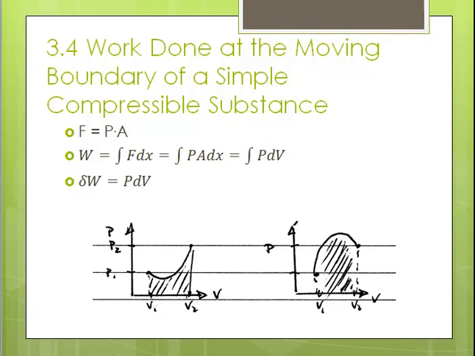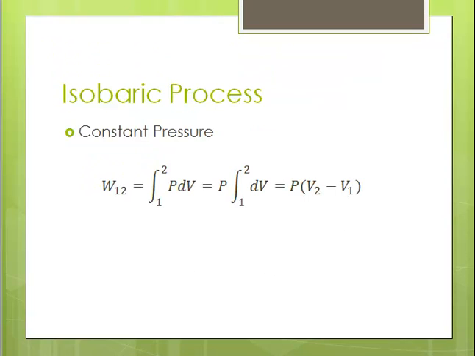Now let's look at some possible processes that we could consider. First, let's look at a constant pressure process, also called isobaric. We're going to look at this one first, partly because it's common. Almost anything that's done in a system that is just open to the atmospheric pressure would be called constant pressure.